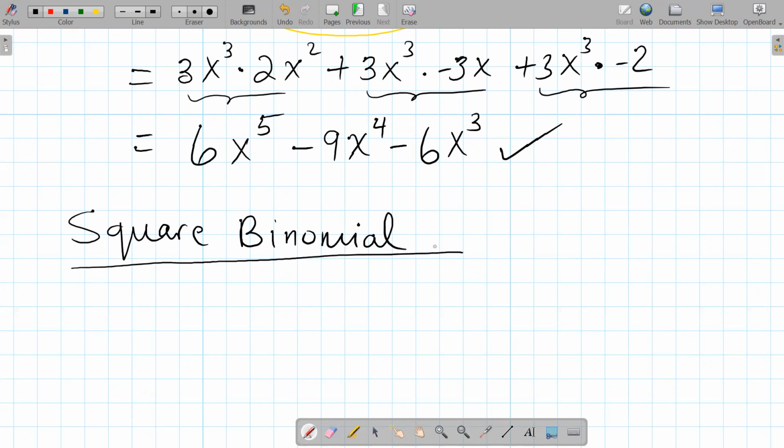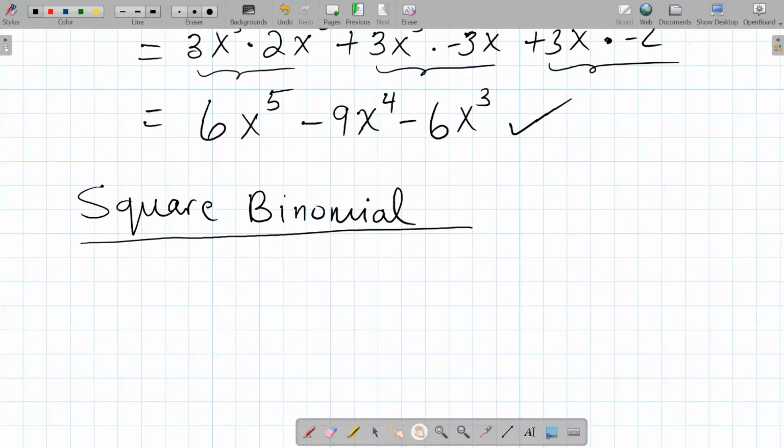Or sometimes we say binomial squared, square binomial. Remember what the bi is? Bi is 2 terms. So 2 terms that are squared. 2 terms of a polynomial squared.